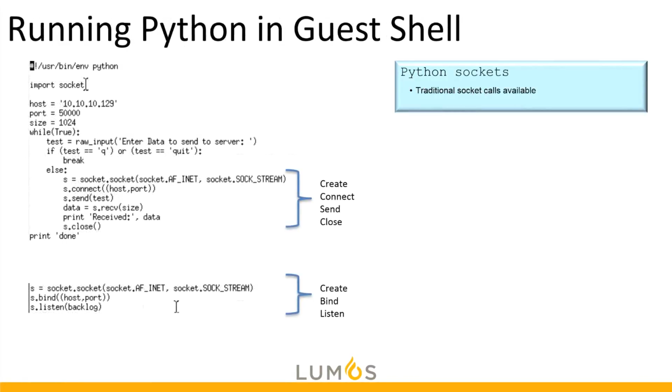So for instance, here's just a sample program to create a socket and send data and bind to a particular socket stream and listen for data. So we can even use Python sockets.